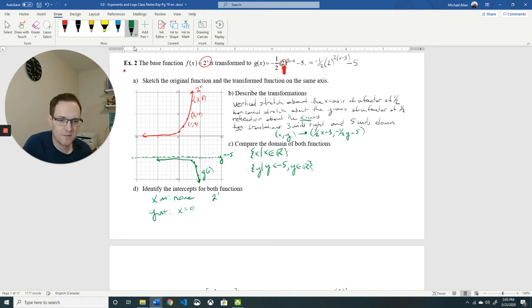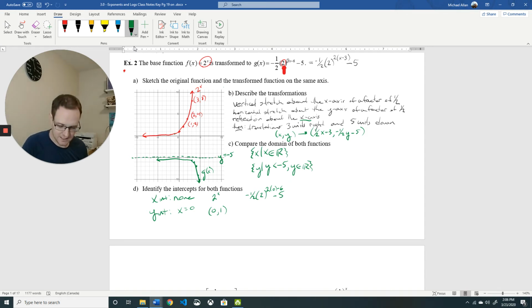First graph, the 2 to the power of x graph, that's a pretty easy one. If I put a 0 in there, I get 1 out. And my other graph here, so if I put a -1/2, 2 to the (0 times 2 minus 6), minus 5 at the end. So now I'm just going to put that on my calculator. So -1/2 times 2 to the power of -6 minus 5.